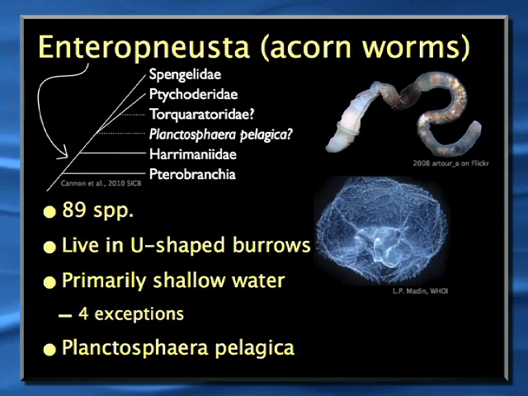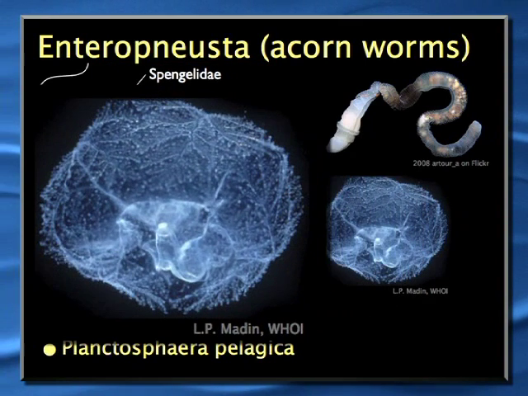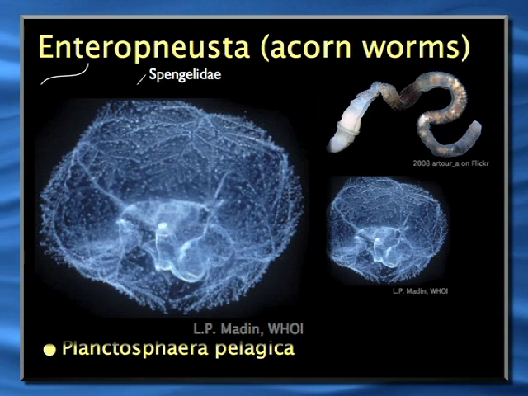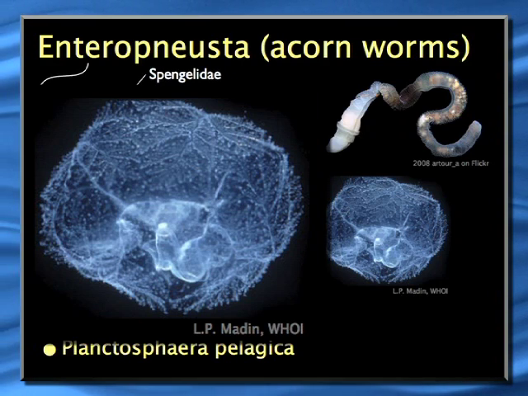There's basically 3 families known: Spengelidae, Ptychoderidae, and Harrimaniidae. And then there's this weird larval form that when it was first found, they're very uncommon. They're typically found way out in the middle of the ocean. They are very large. This is almost 3 centimeters, so just over an inch in size. Really very strange. They were originally described as their own phylum.